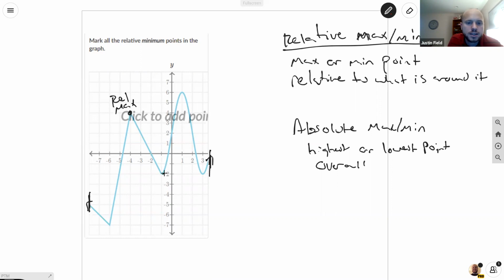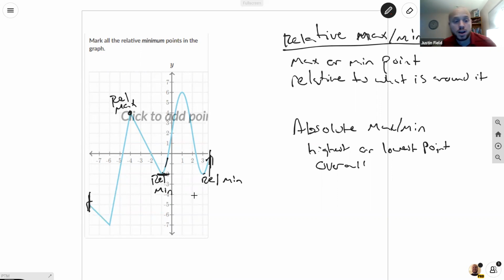And this is a relative minimum because relative to the points around it, it's the lowest point. But you can see there's a lot of points lower than this point, but it's a relative minimum. This is also a relative minimum.